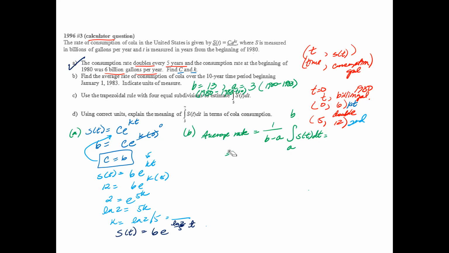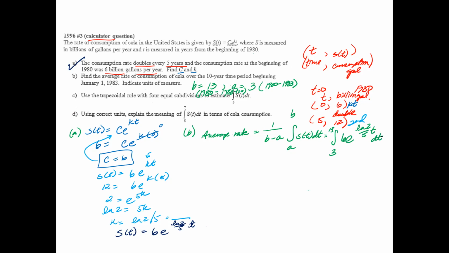All right, so let's go ahead and rewrite this. I have the integral from 13 to 3, or whoops, 3 to 13. Lower bound comes first. S of t, which you found is 6e to the ln 2 over 5 t, dt.